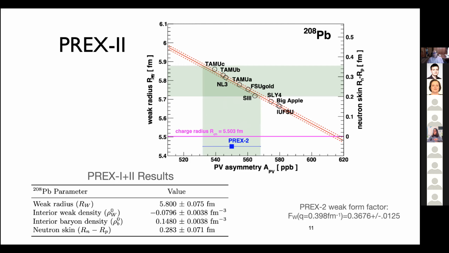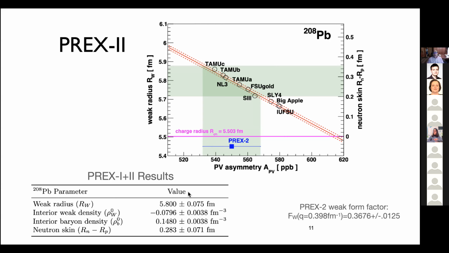So this is the RMS radius of the weak charge distribution in lead, and the combined PREX1 and PREX2 result is 5.8 Fermis. This error is, again, the experimental error, a combined statistical plus systematic. This 5.8 Fermis for the weak radius can be directly compared to the experimental charge radius, which is 5.50 Fermis.